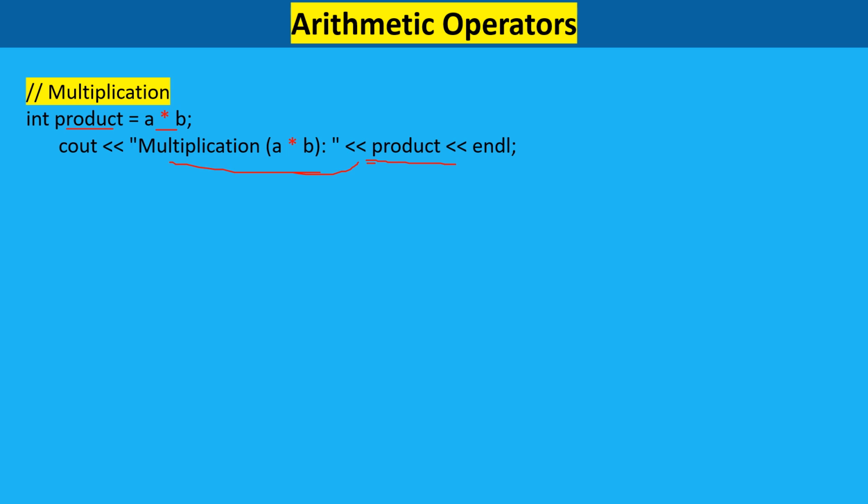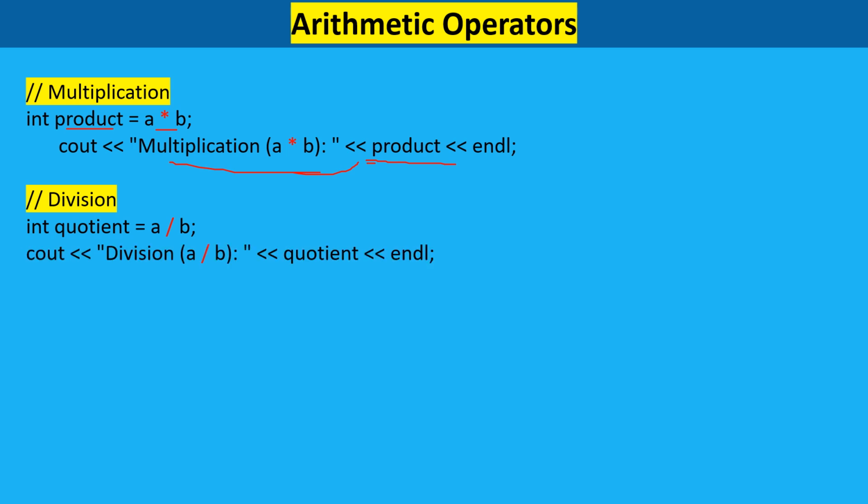And I already told you, endl moves to the next line. Division. Perform integer division of a by b. The result is stored in the variable quotient, and then division a by b, and the result is stored here and printed here, and endl is for new lines.